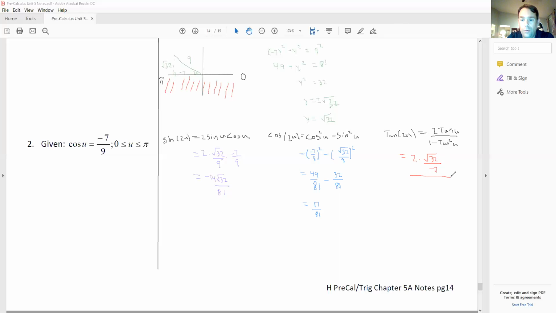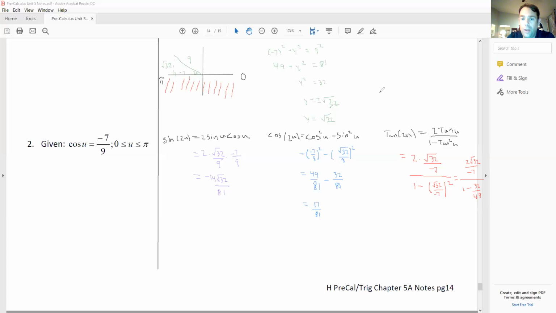And then 1 minus root 32 over negative 7 squared. So 2 root 32 over negative 7 all over 1 minus 32 over 49.